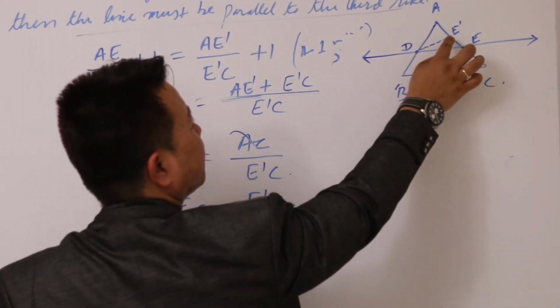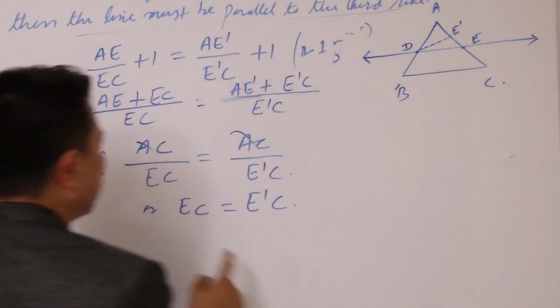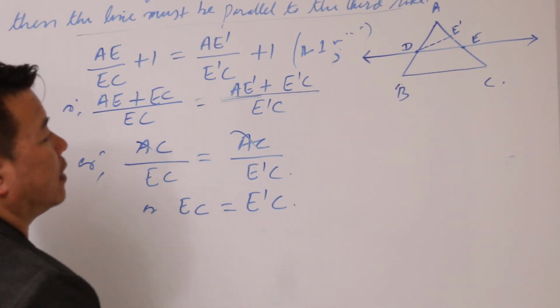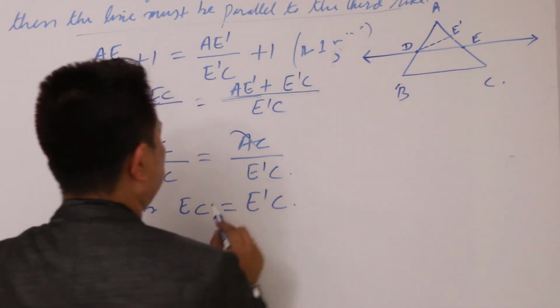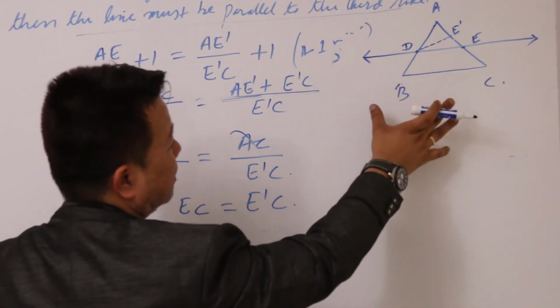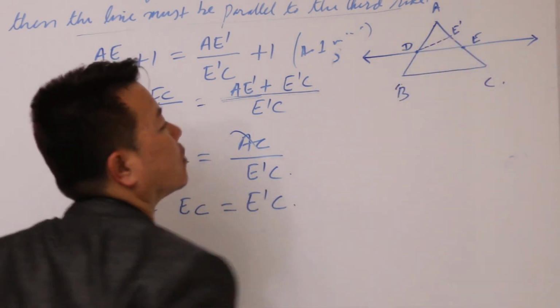Only then is EC equal to E'C possible. So it is possible only if E' and E coincide.